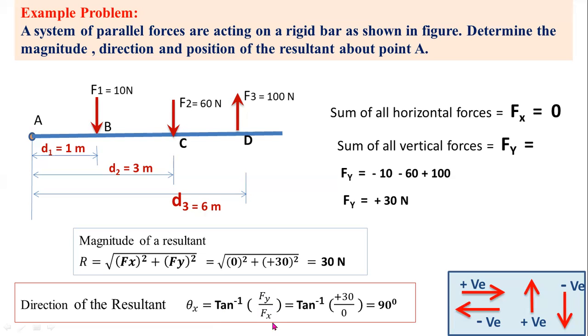Here there is no horizontal force, that's why Fx equals 0 and Fy equals plus 30. Anything divided by 0 is infinity. So tan 90 degrees equals infinity. So the value of theta x equals 90 degrees. That means the resultant acts upward.